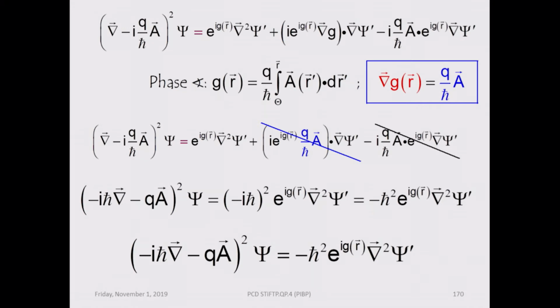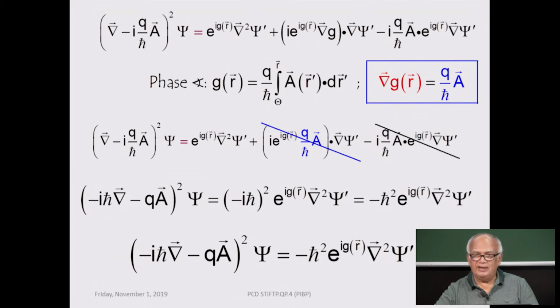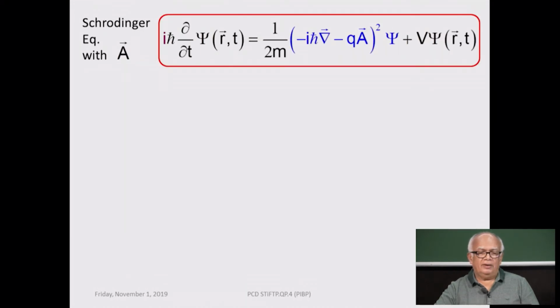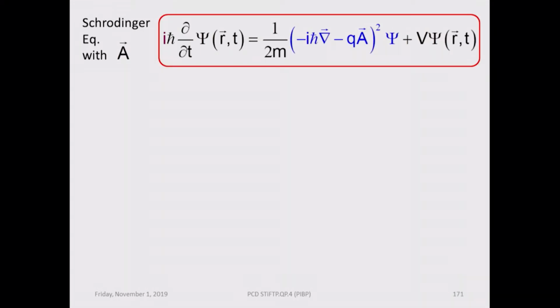Keep track of the fact that you have psi on the left hand side and psi prime on the right hand side, and these two differ in phase, they do not differ in anything else. So, now you have got the Schrodinger equation with the vector potential.